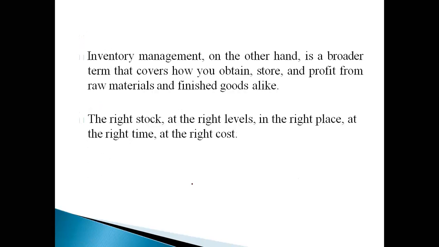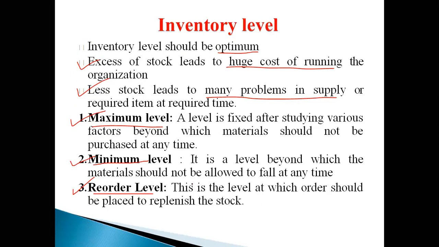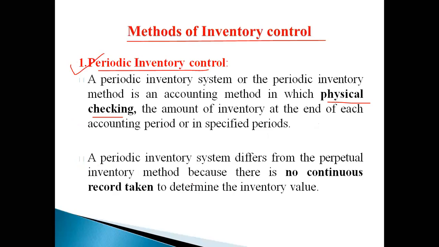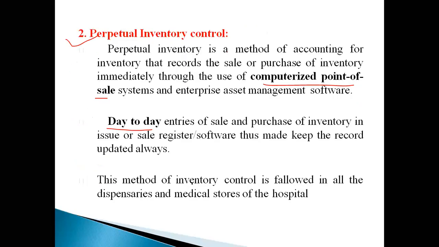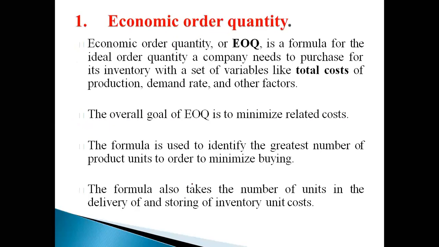In other words, there are various levels of the inventory: maximum, minimum, and reorder levels. Methods of inventory control are periodic inventory control, perpetual inventory control, and special inventory control. Inventory management techniques are EOQ and RQL. EOQ is nothing but economic order quantity.